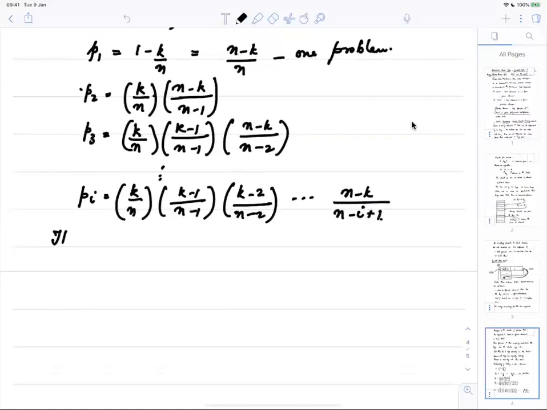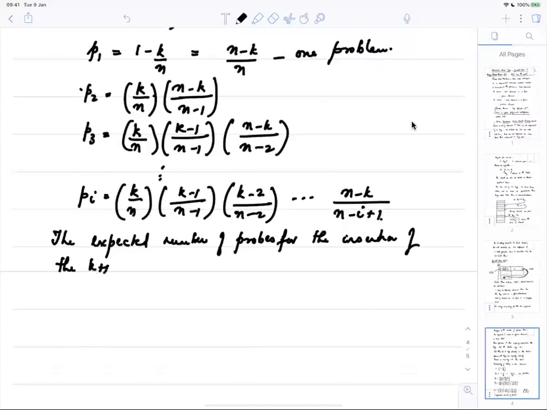The expected number of probes for the insertion of the k plus 1th key is therefore E(k+1) equals summation from 1 to k plus 1 of i Pi.